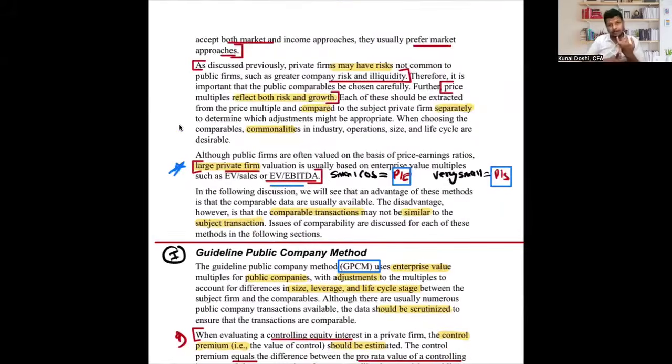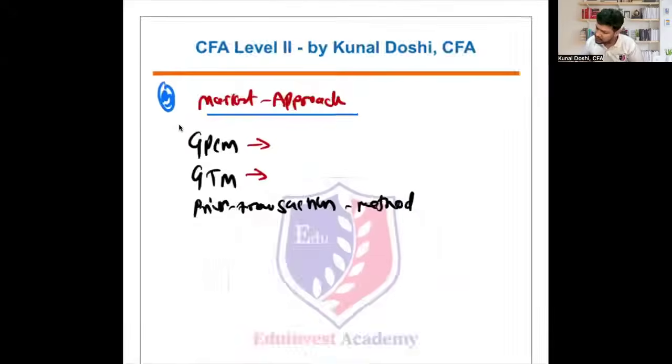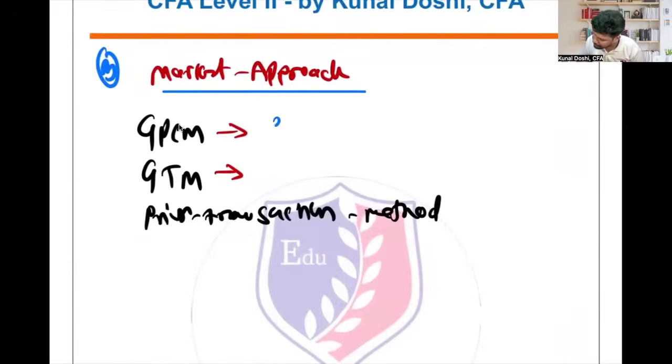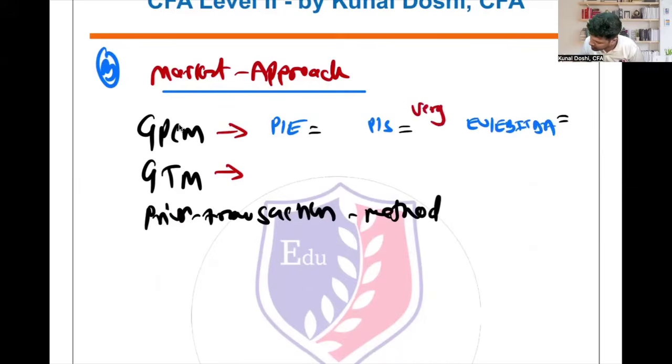So you can use price to earnings, price to sales, or EV EBITDA approach. When it's a very small company, you use price to sales. When it is small, you use price to earnings.